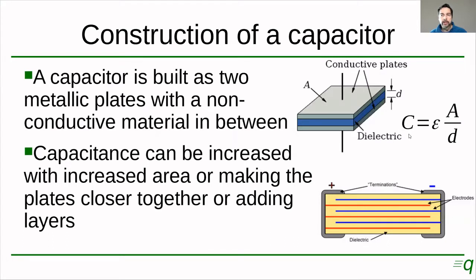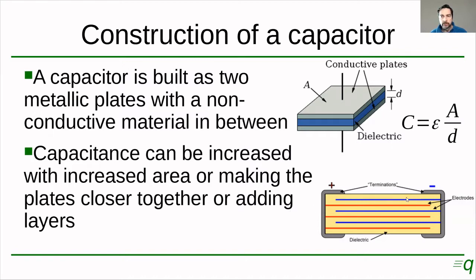So if we want to build a capacitor with a high capacitance, we have a few options. We can use a dielectric material between the plates with a high dielectric constant, or we can increase the area of the plates, or we can reduce the distance between the plates. In practice, capacitance is also increased by adding several layers.